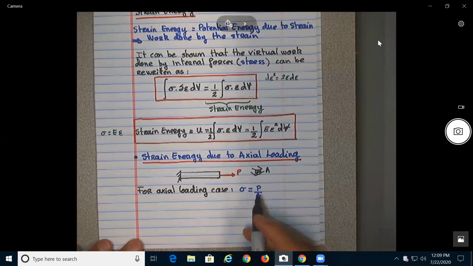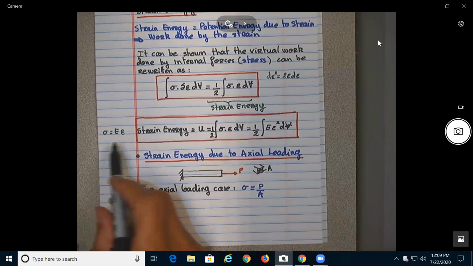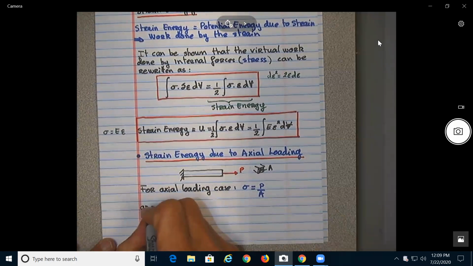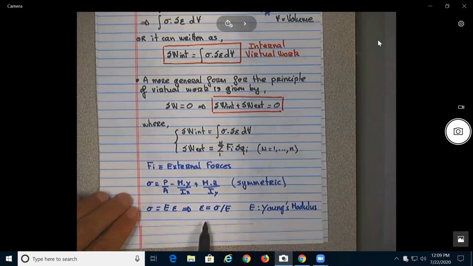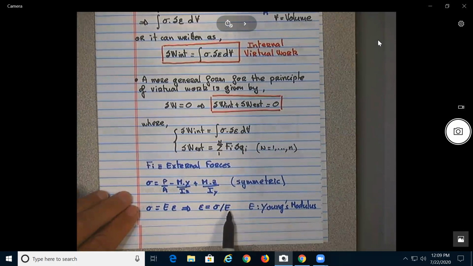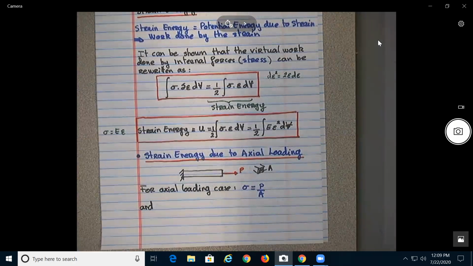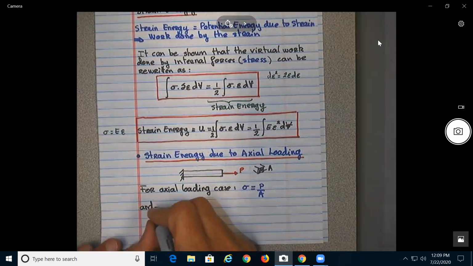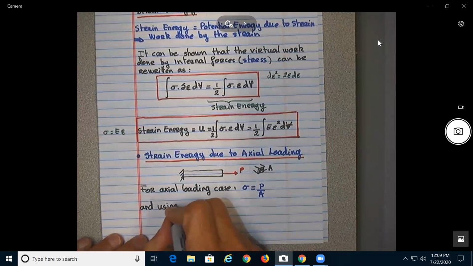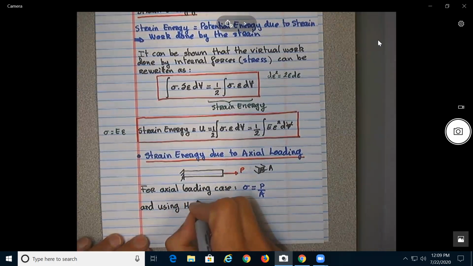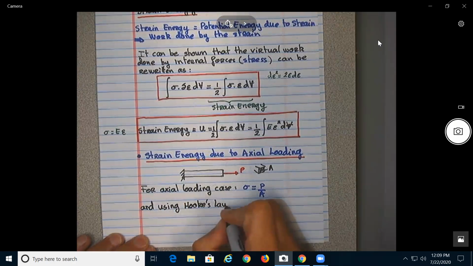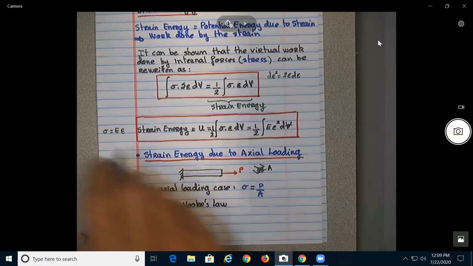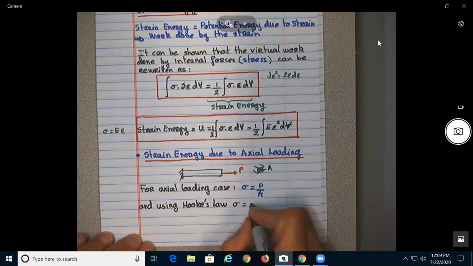Okay, so we know this, using the same thing that I said on the previous page. Now, how do we find the strain? By using Hooke's law, okay? Which is what? Stress equal to Young's modulus times strain.